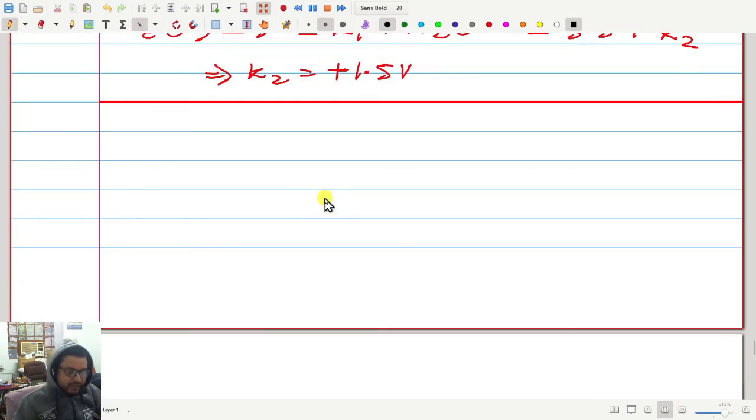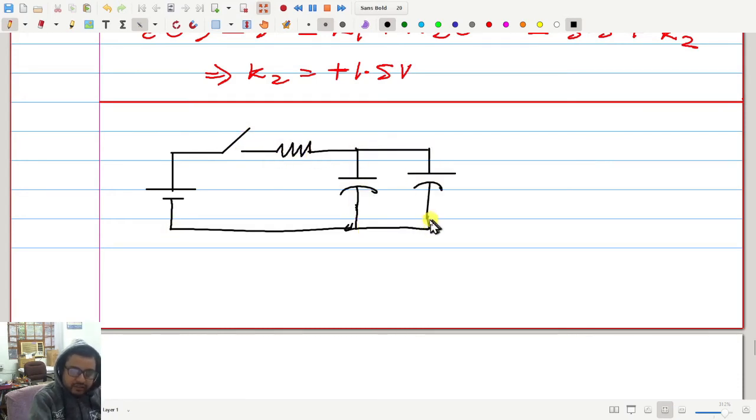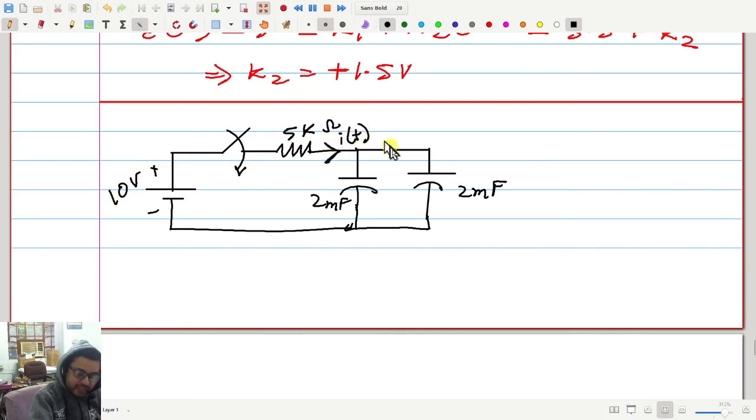For example, suppose I give you this circuit. Suppose this is 2 millifarad, this is also 2 millifarad, and this is 10 volt. Say this is 5K, the switch is closed, and I want to know this current as a function of time.